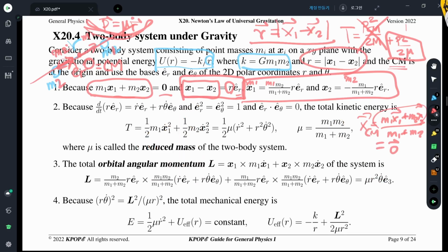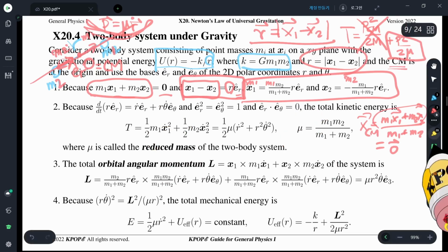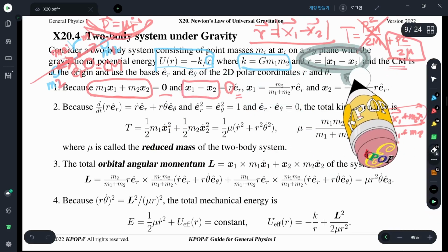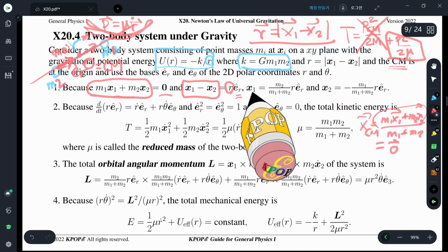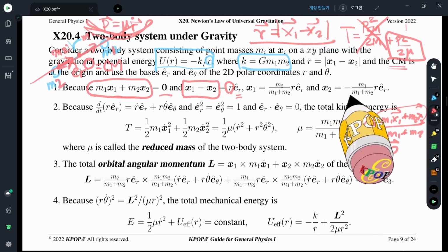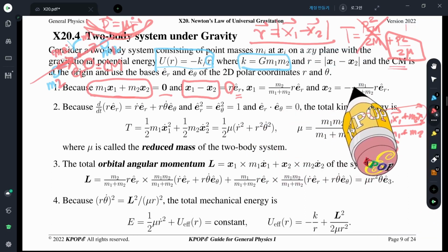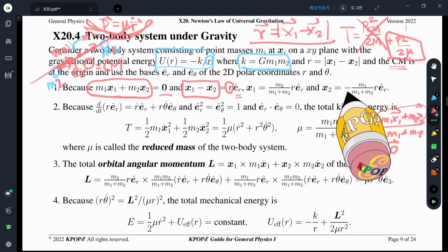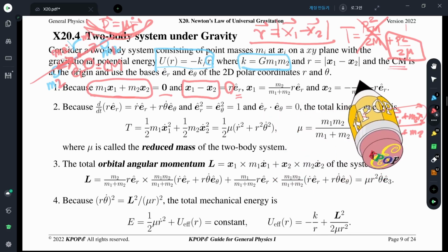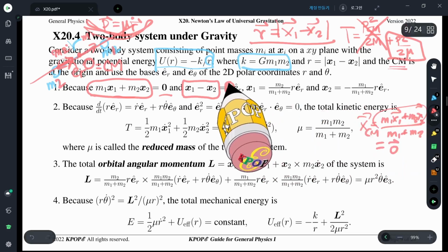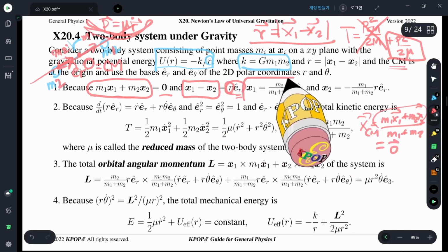Okay? If we subtract x2 from x1, then this negative sign becomes a positive sign, and the sum will be r. So it's correct. This is the answer.